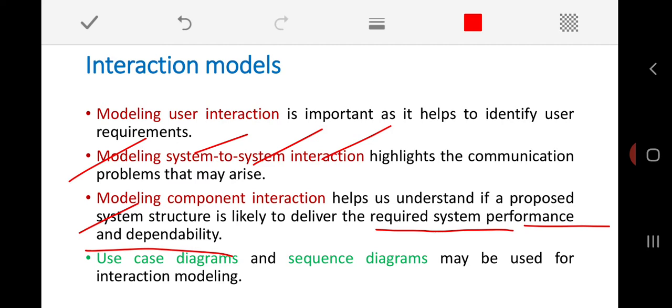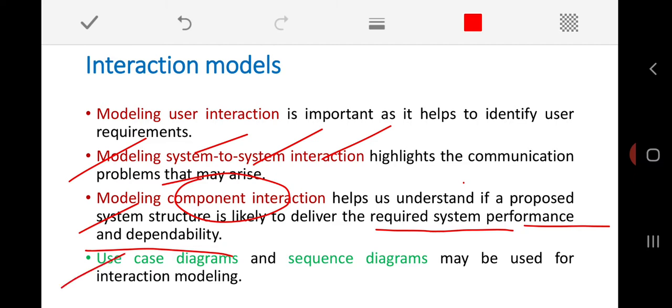They talk about the characteristics of your software system, so you can understand it in a better way when it is possible to model the interaction at the component level. This is how the interaction models are very helpful.